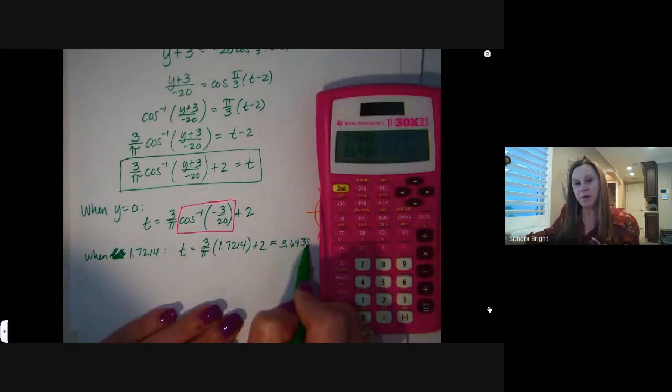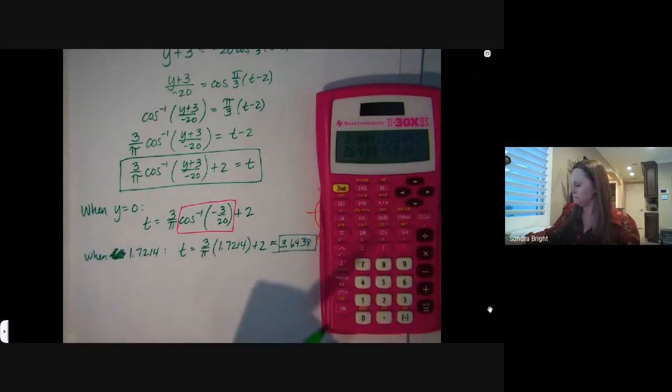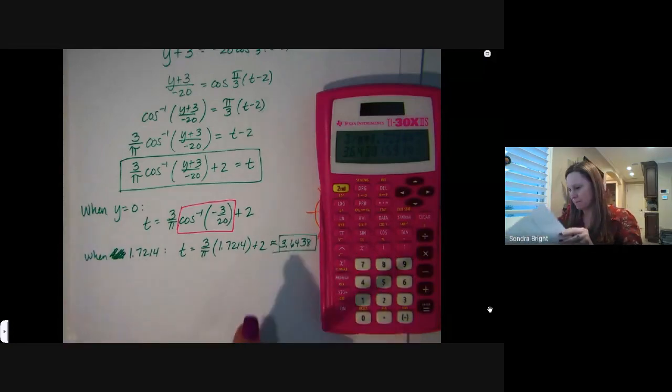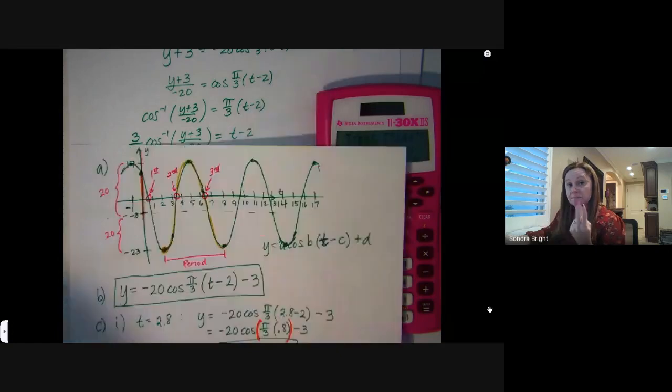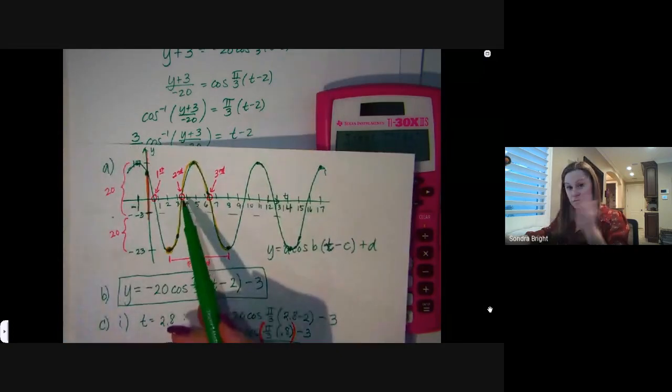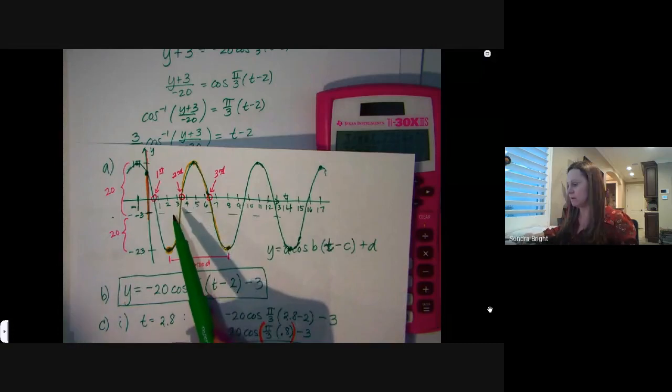And if you remember, when I looked at that graph, between 3 point something was one of them. Okay, so we just found the second time that Tarzan will cross over the riverbank when y is 0. That was the second time. That's what we just found.